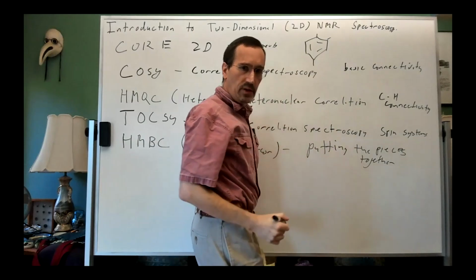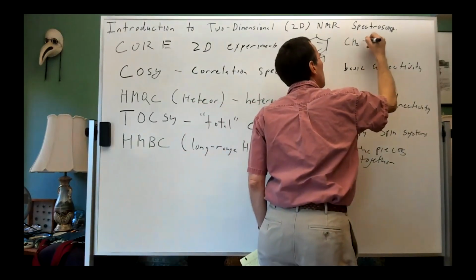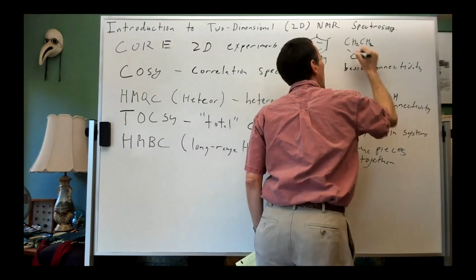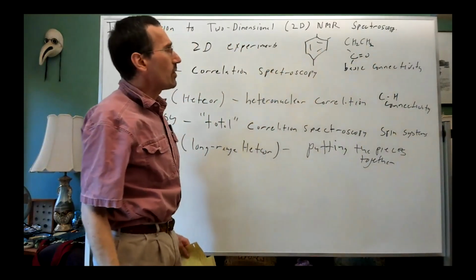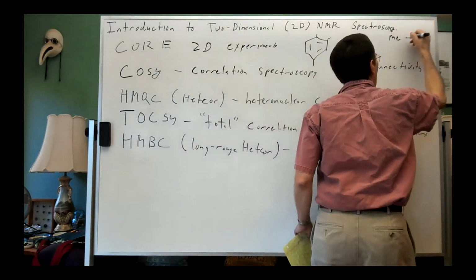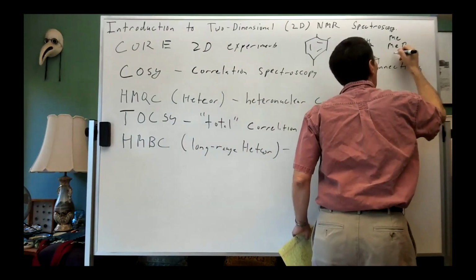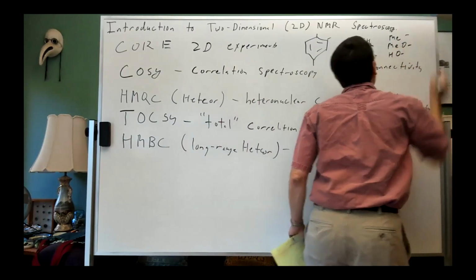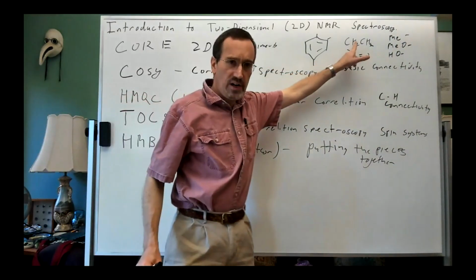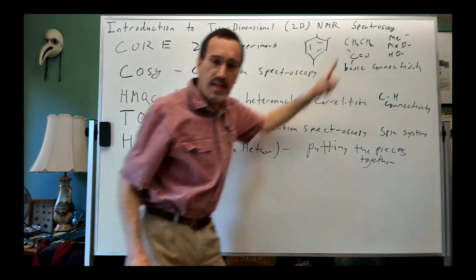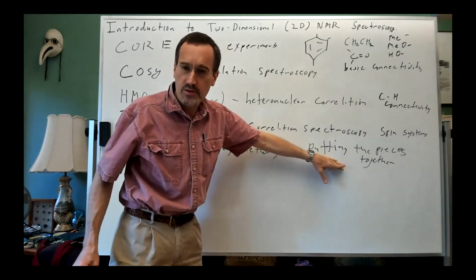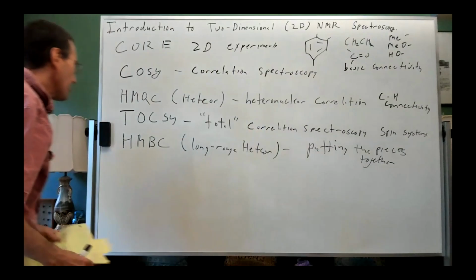Many people were able to figure out that we had a CH2-CH2 chain, that we had a ketone as a carbonyl, and that we had a methyl group and a methoxy group and an OH group. And then a lot of people struggled with how these various pieces got connected together. And the HMBC experiment is very good for that type of thing.